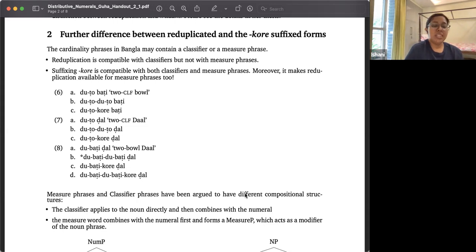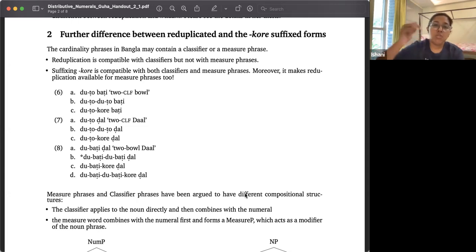So it doesn't have an individual, non-classifier existence in the language. And that makes a difference, and people have noticed that it is a huge difference in the composition of the cardinality noun phrases in languages.